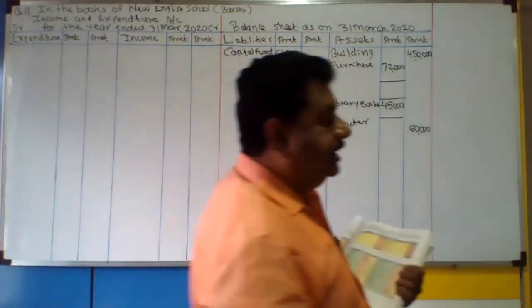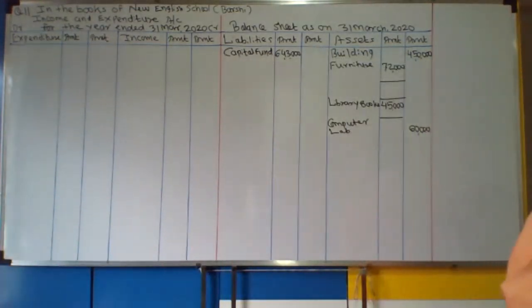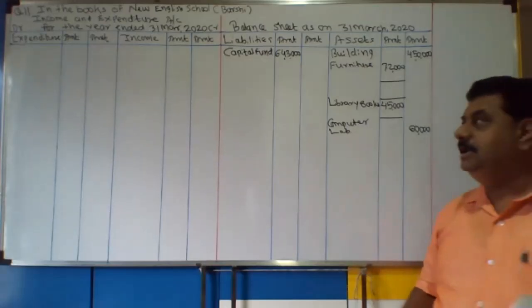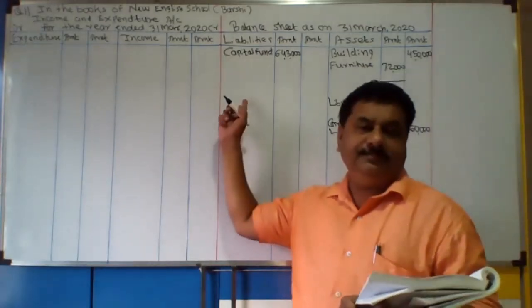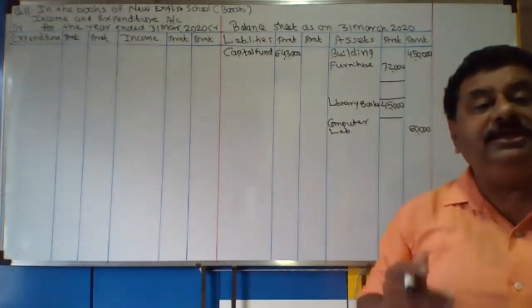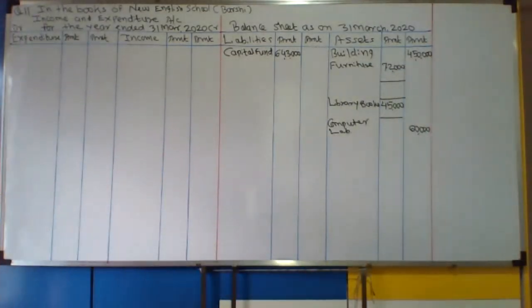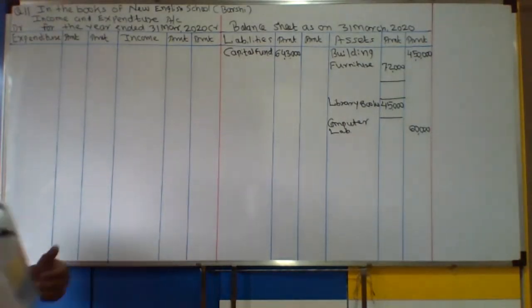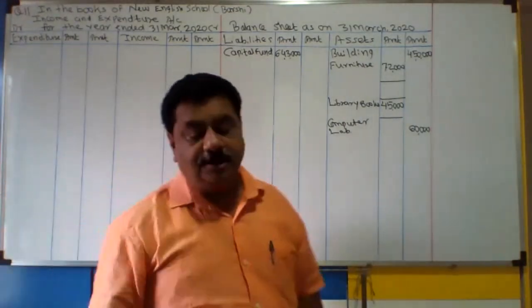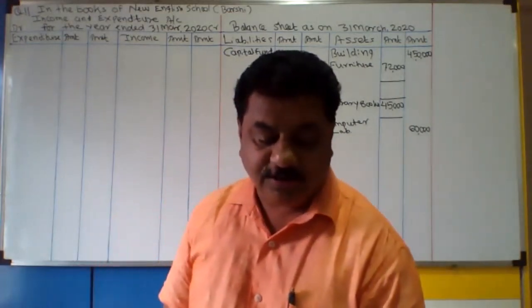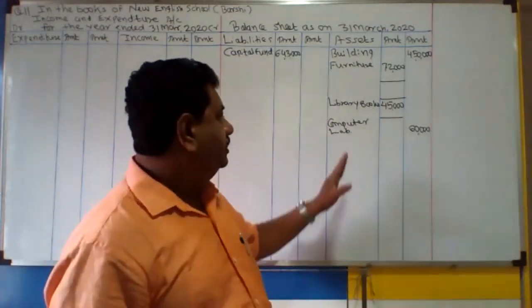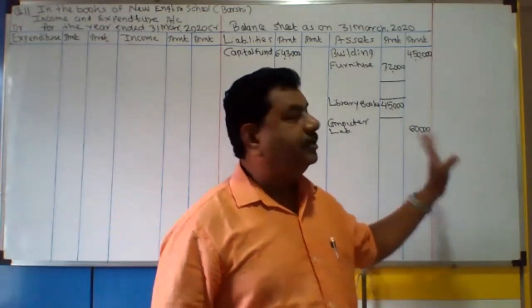So we have recorded all the items which are given in the last year balance sheet. मतलब पहले हमने capital fund लिखा and we wrote all the fixed assets. Building, outer column, furniture, library books, inner column. And computer laboratory 60,000 in the outer column.